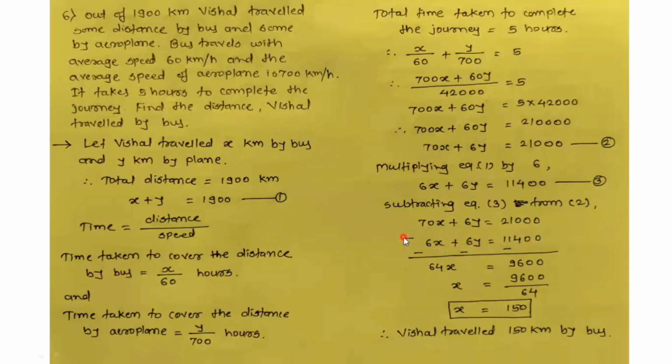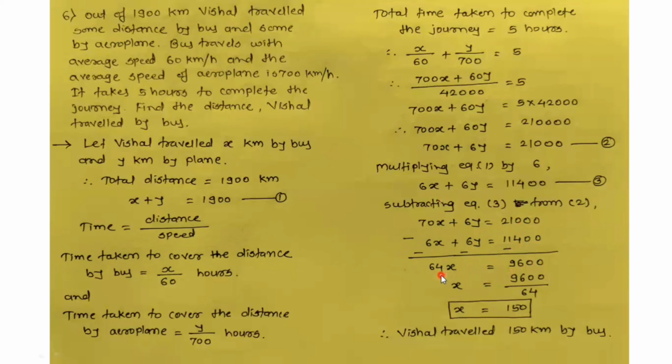As we are subtracting, we change the sign of each term: plus 6x becomes minus 6x, plus 6y becomes minus 6y, and plus 11,400 becomes minus 11,400. Here plus 6y and minus 6y get cancelled. 70x minus 6x is 64x, is equal to 21,000 minus 11,400, which is 9,600.